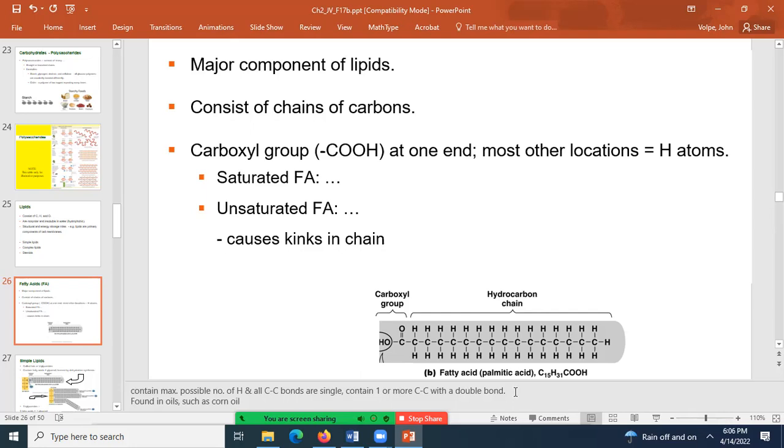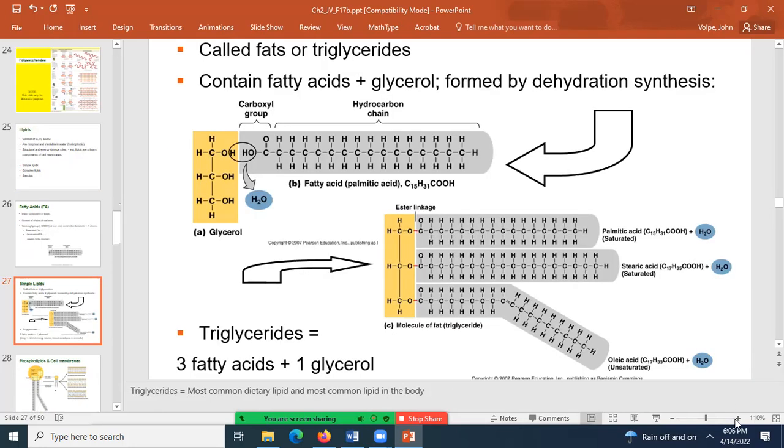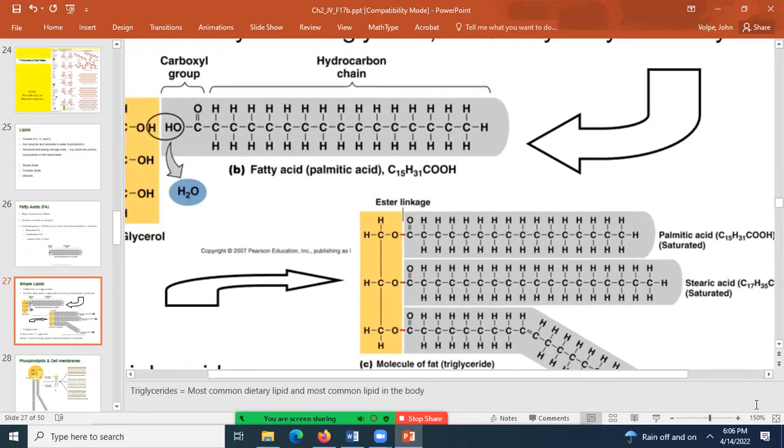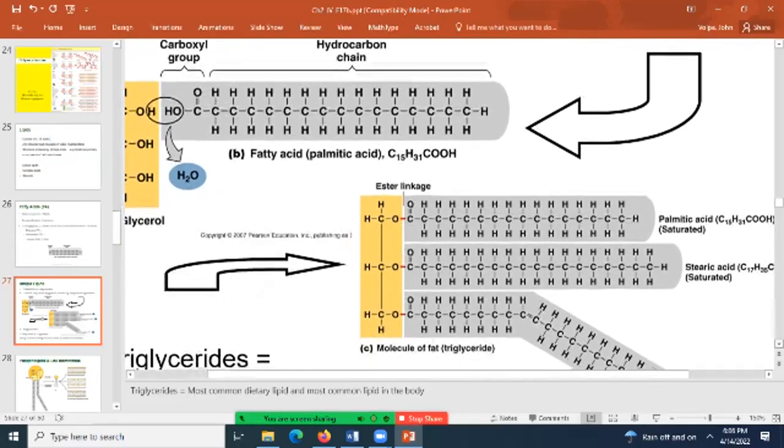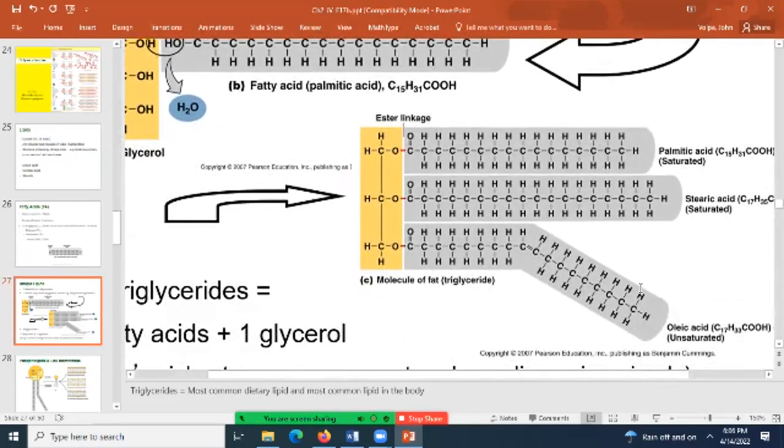An unsaturated fatty acid is a molecule having at least one double carbon bond between the carbons. Let me show that here. So this is a molecule of fat, which is a lipid.